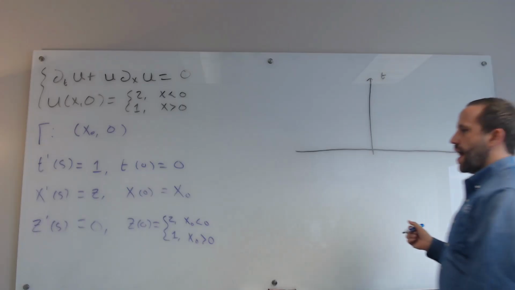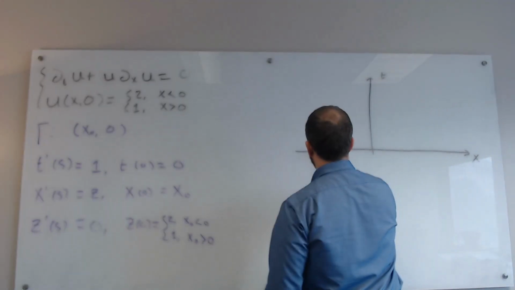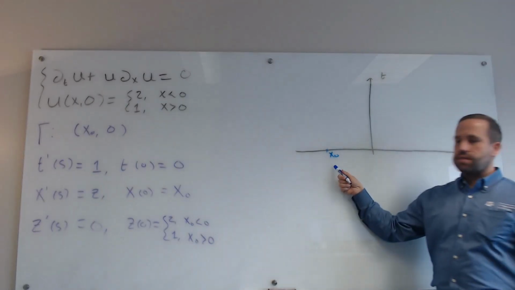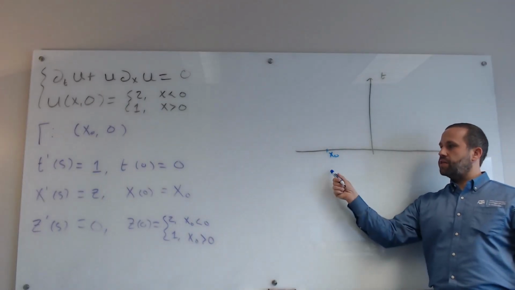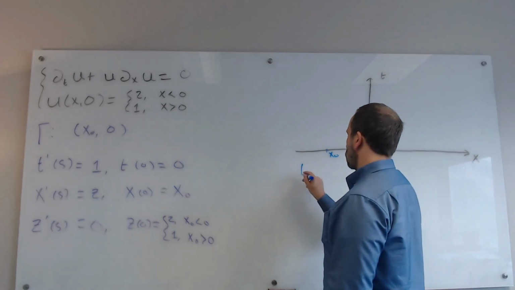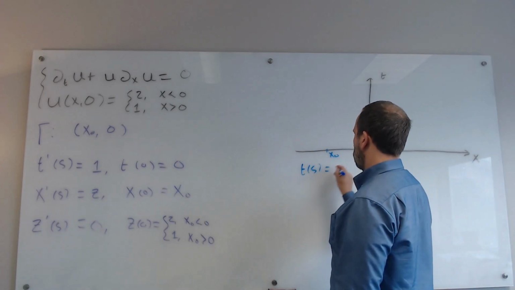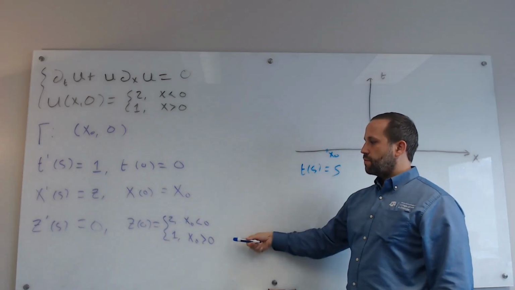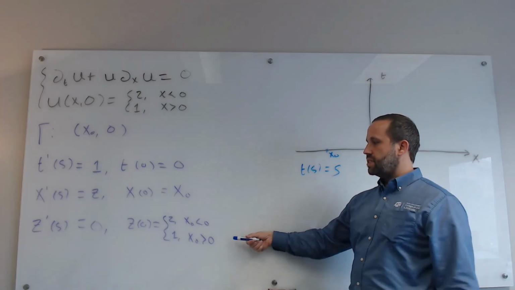So we notice what happens if we start from the left. Let's say I've got some x naught here. So I've got some point x naught there. I'm starting to the left of 0. Okay, so I'm going to have t(s) equal to s. Now before I can find x, I need to find z. z' is 0, so it means z is constant.